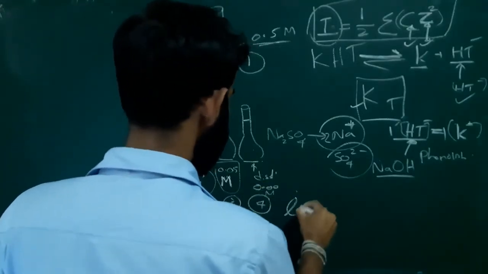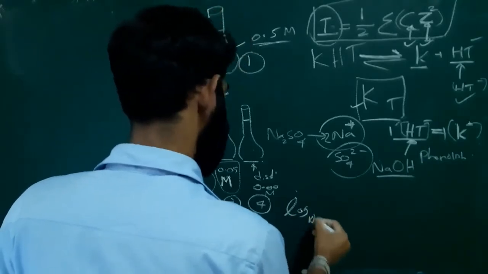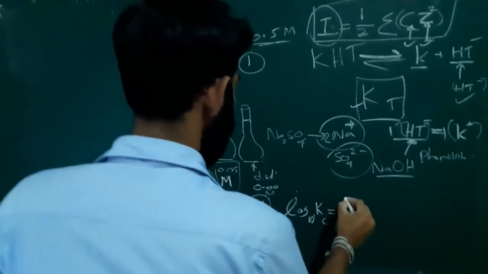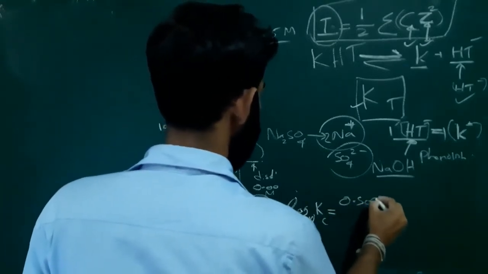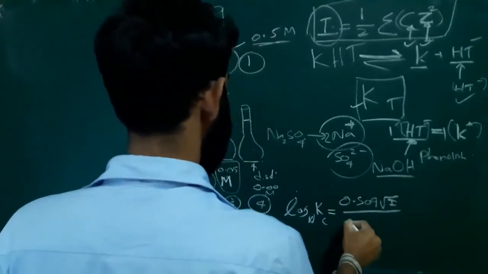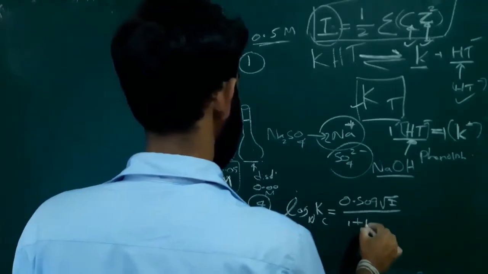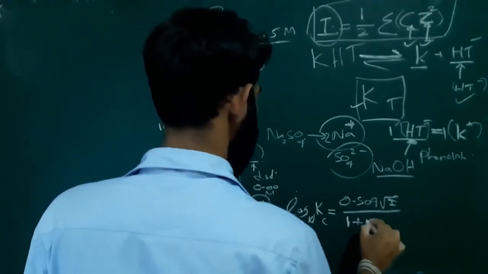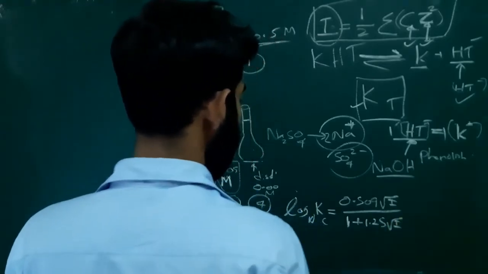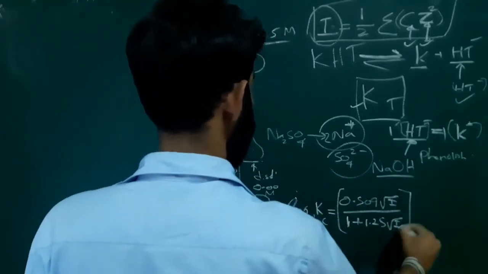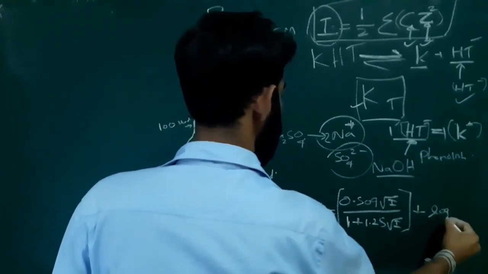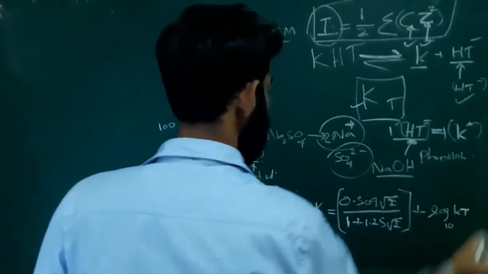However, there is a popular equation for this potassium hydrogen tartrate dissociation. Log 10 base Kc is equal to minus 0.509 square root of ionic strength over 1 plus 1.25 square root of ionic strength, plus log 10 base Kt.